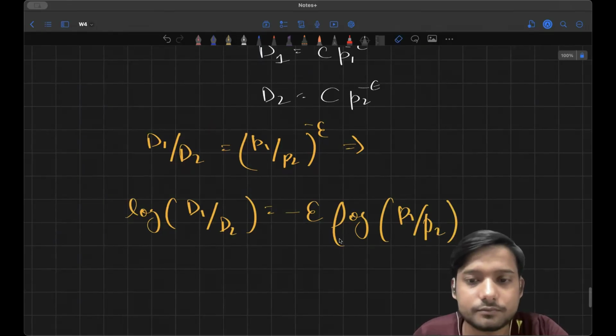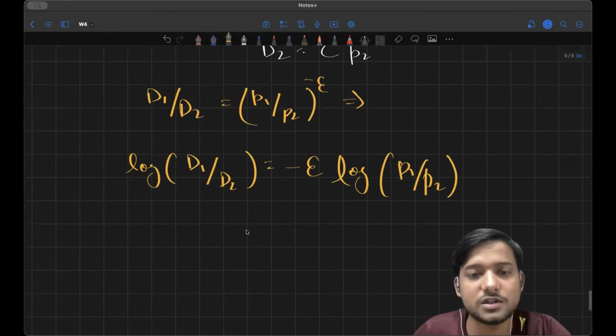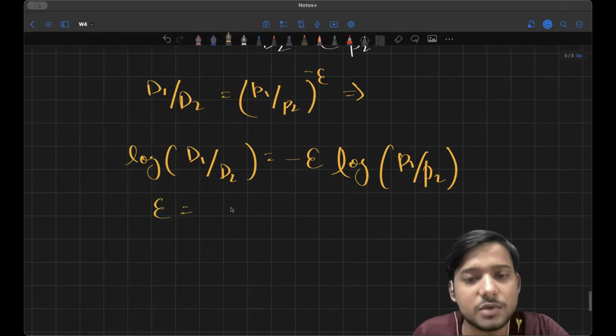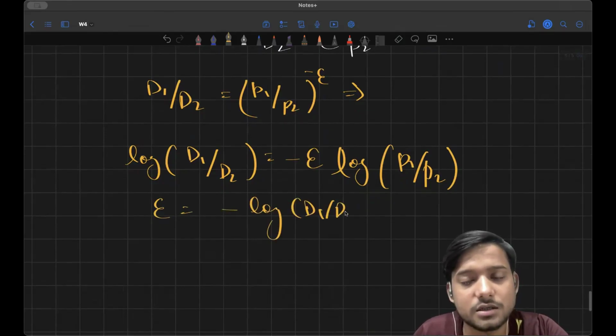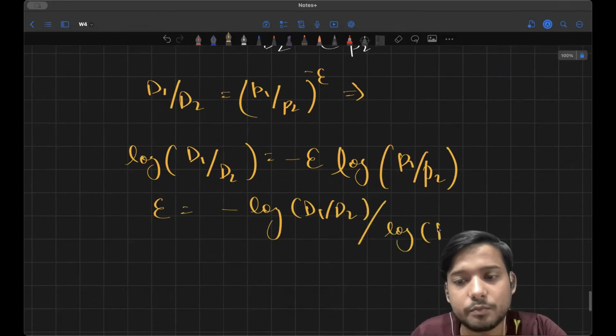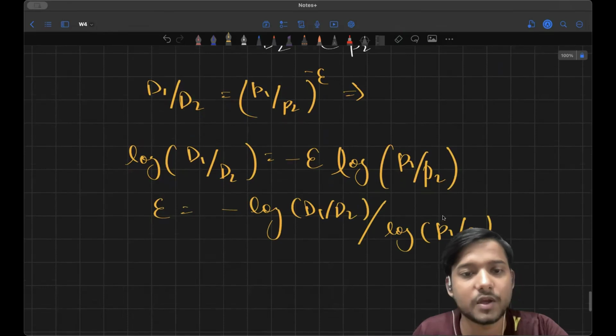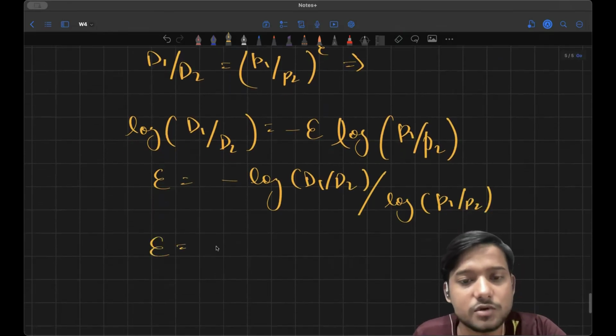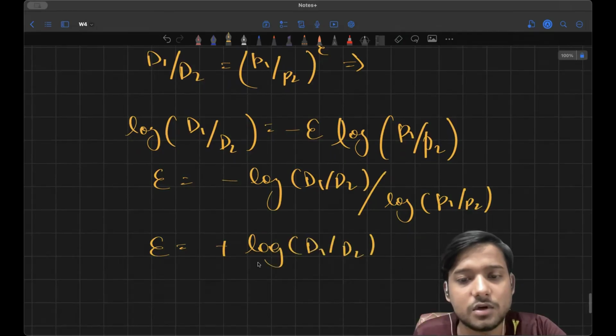So this is what we have, and then elasticity becomes negative log D1 by D2, this whole thing divided by log P1 by P2. And we can do one more thing: we can make it plus log D1 by D2 divided by log P2 by P1.